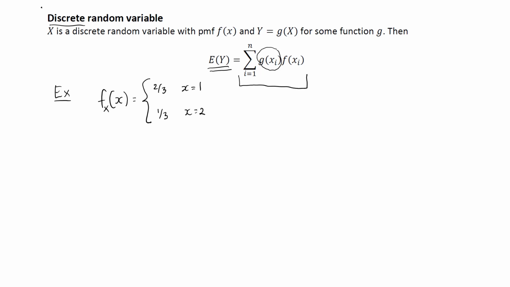For this random variable, the expected value of X is the sum over these two terms. So it's 1 times 2/3, x_i times f of x_i, plus 2 times 1/3. The value it takes multiplied by its probability, and we do it as a sum over all possible values.